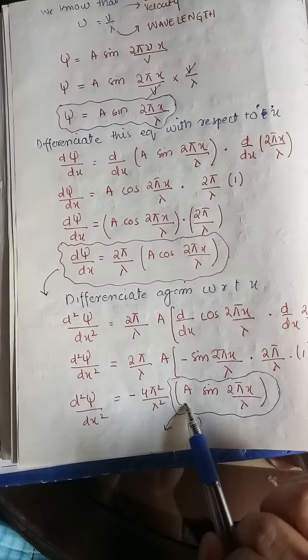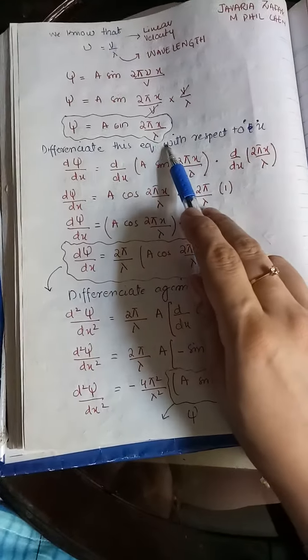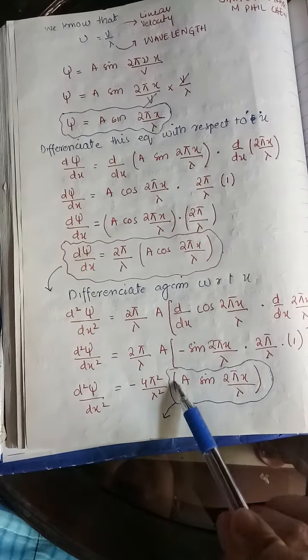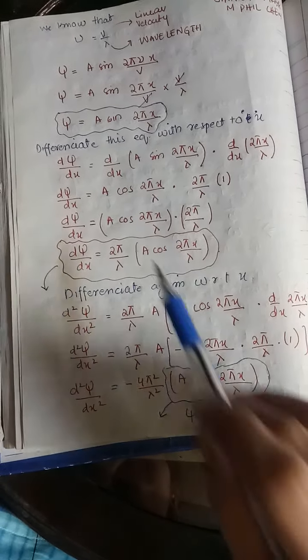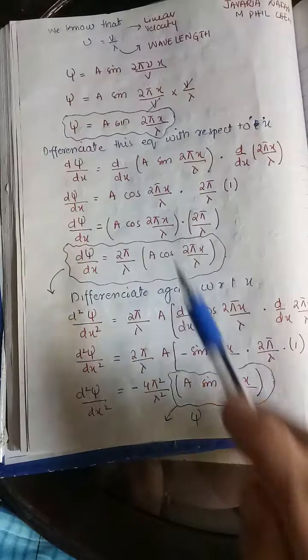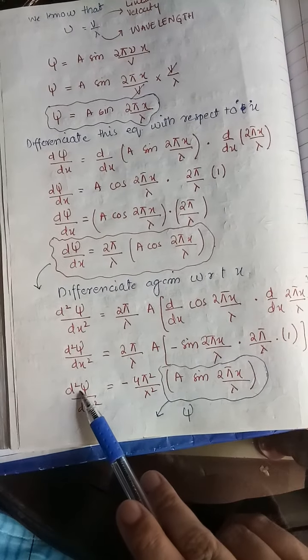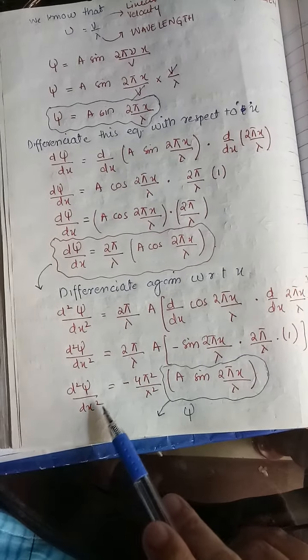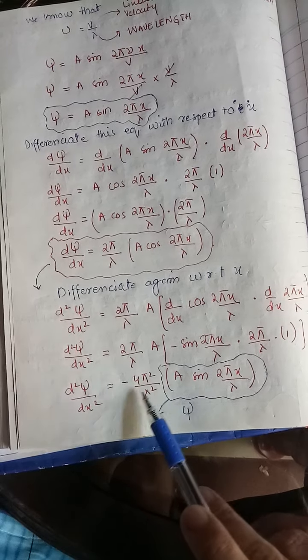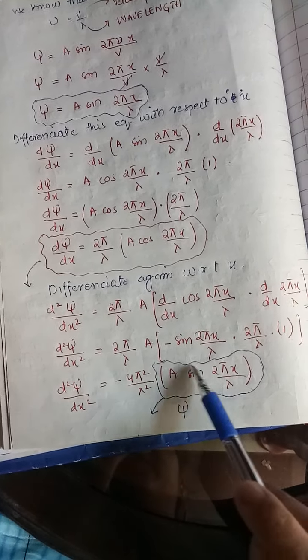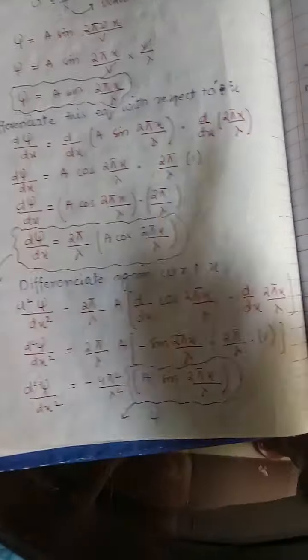If we compare this equation with this equation, we can say that this whole value can be replaced with this psi value. So d square psi over dx square is equal to minus 4 pi square over lambda square, and this value is replaced with psi.